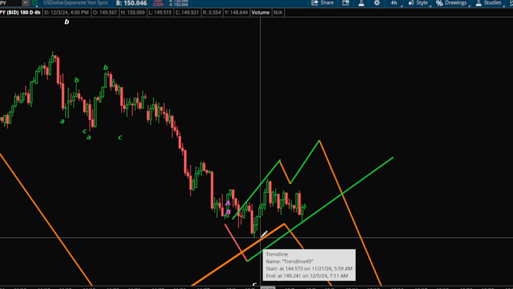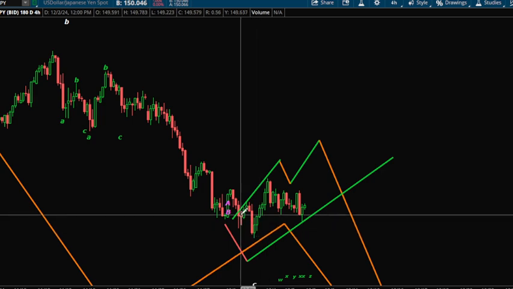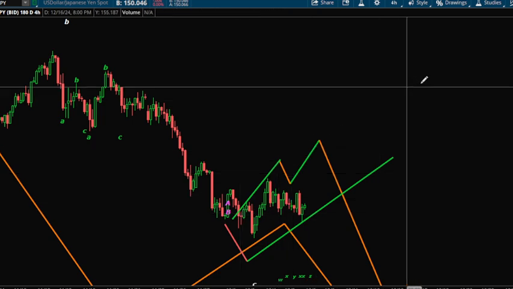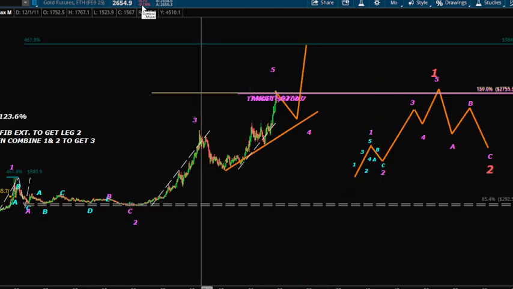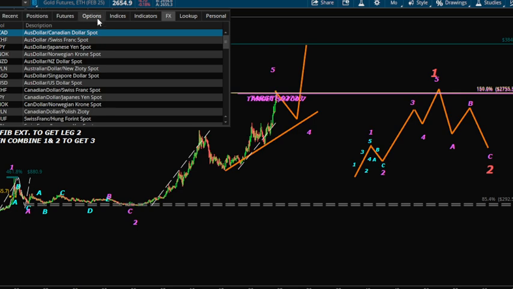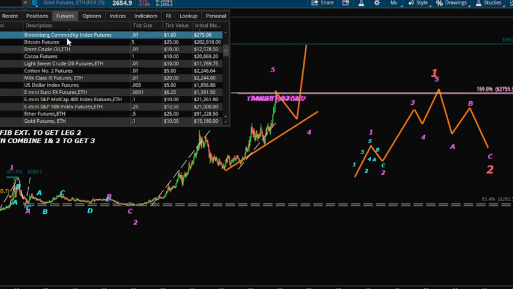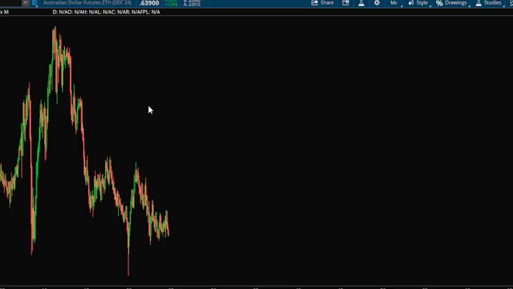but what I've been reading and implementing in my 3-wave counts is that the beginning of the turn is from an expanding flat, and the expanding flat is right here.